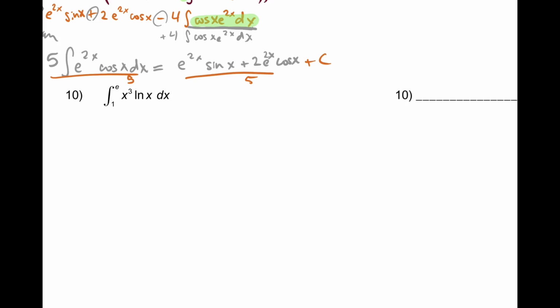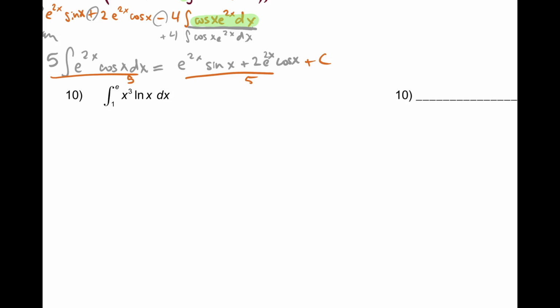Alright, let's do number 10. Well, send her an email so she remembers. You want us to do it tabular method? Thank God. Well, no. Yes.